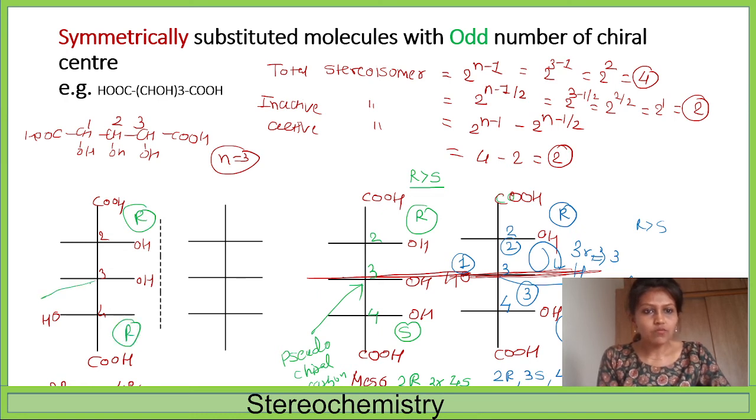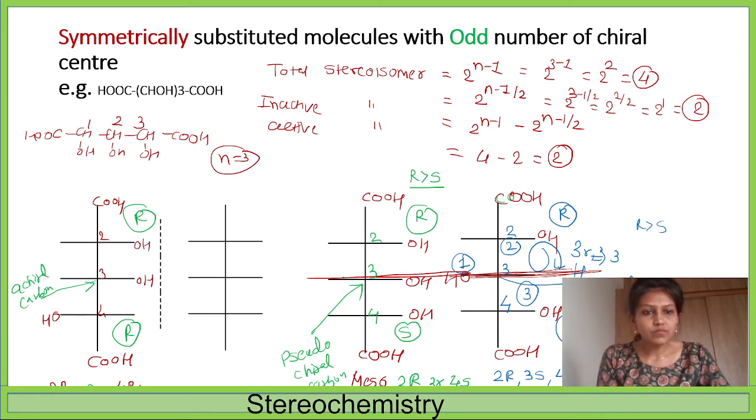So this is an achiral carbon, because we can't find R or S over here, since both have the same configuration, right? Constitutionally both are the same as well as configurationally both are the same, so it is an achiral carbon. So I only write 3, we can't assign R or S.